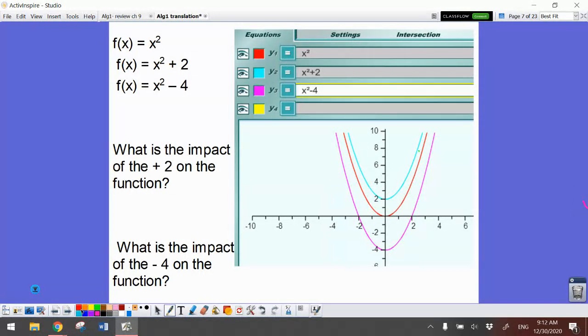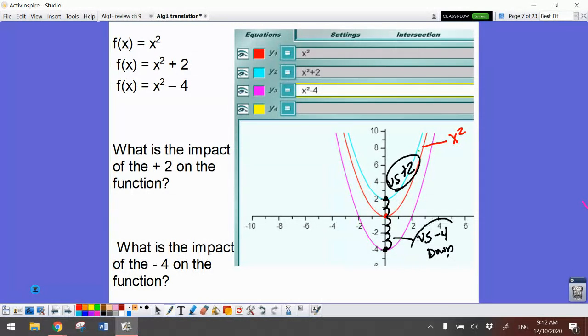Remember, the middle one, the one that goes through 0, 0, is our parent. Now, let's take a look at what happened here. The first thing I want to point out is my vertex here, 1, 2, 3, 4. This was a vertical shift of -4. It went down. Now, this one was a vertical shift of +2.